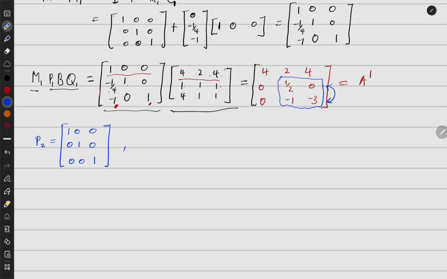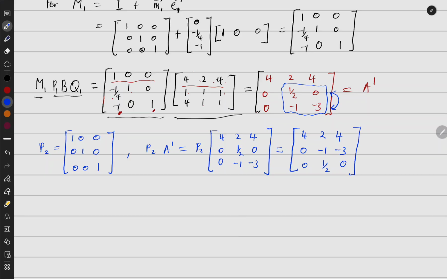When I have my P2 times A1, you multiply this P2 times A1. A1 is this. Now you want to put 3 here. So I have switched the rows.